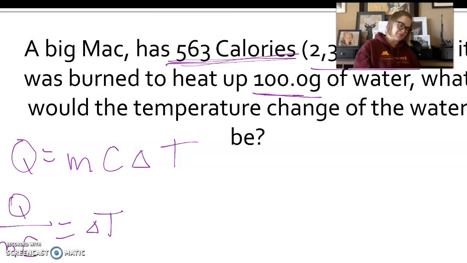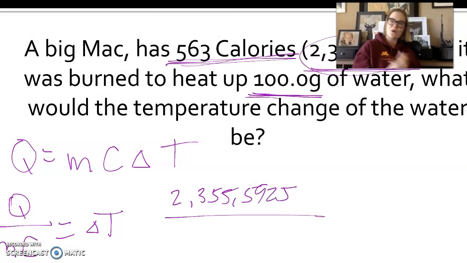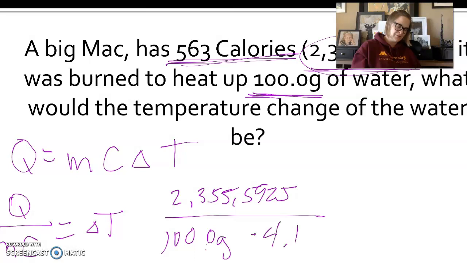So the energy, I'm going to pick the joules number, is 2,355,592 joules, and I'm going to divide it by the mass of water, because that's the thing that had the temp change. And I'm going to multiply it by water's constant, which is 4.18 joules per gram Celsius.